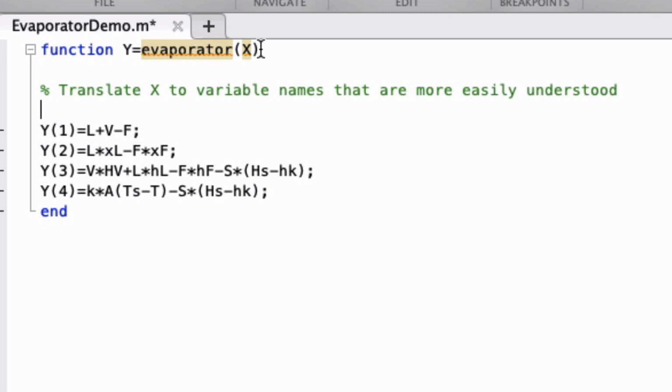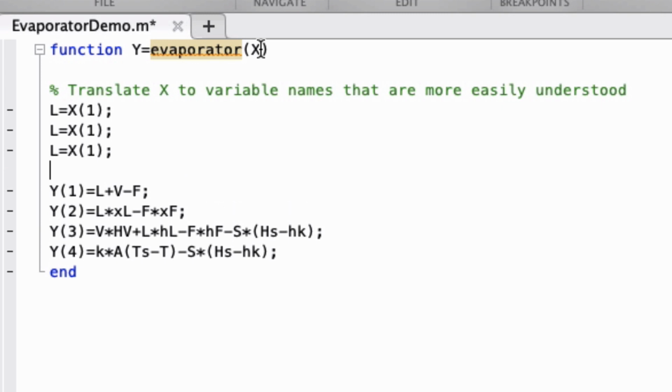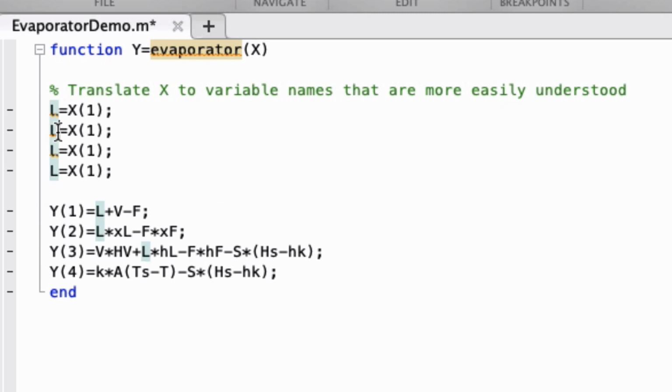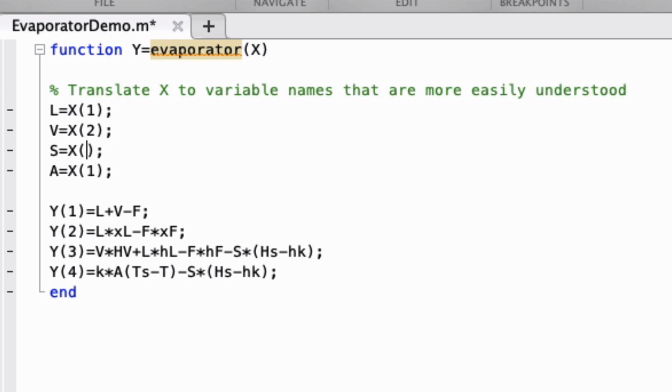So let's say that we have L as our first position in x, and then we have V, and then we have S, and at last we have the area. So that's positions 2, 3 and 4.